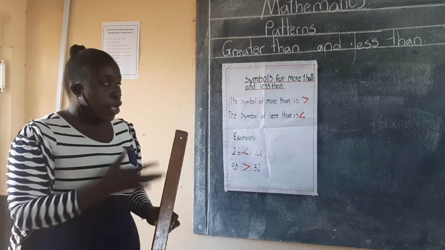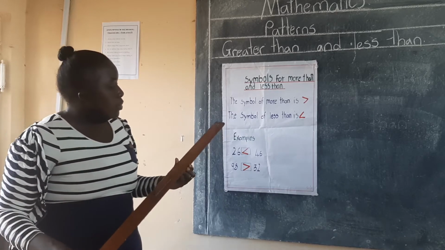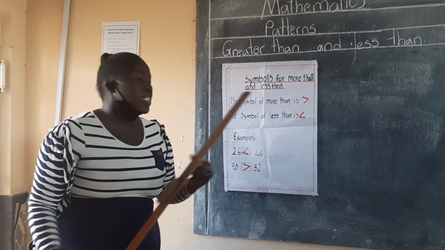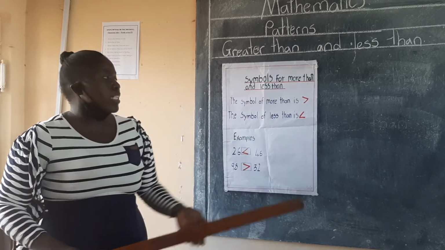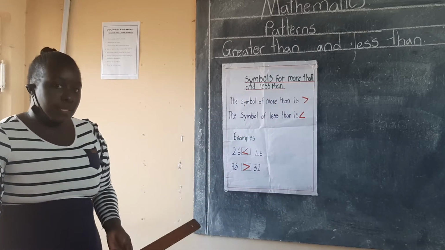We come to the second one. The symbol for less than is this symbol. So less than is represented by that symbol, greater than is represented by that symbol.